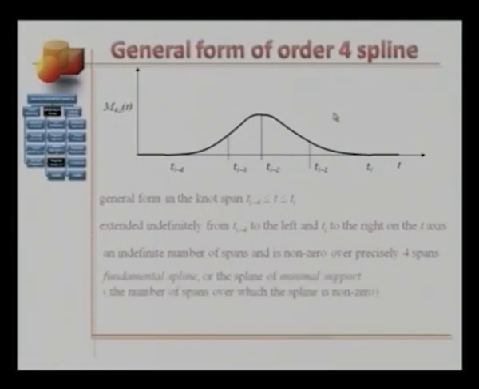I had mentioned before that this is called a fundamental spline, or the spline of minimal support. It is the minimum number of spans over which the spline can be non-zero.